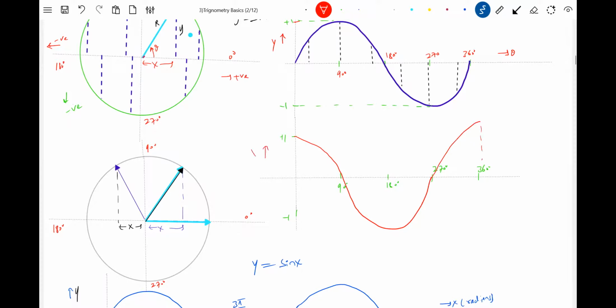This is x. If you write it, I think everything is justified. So what is x equal to? x equal to r cos theta equal to cos theta, where r equal to 1 unit. What does x stand for? The base of a triangle. I'm interested in conveying this much here, nothing else.